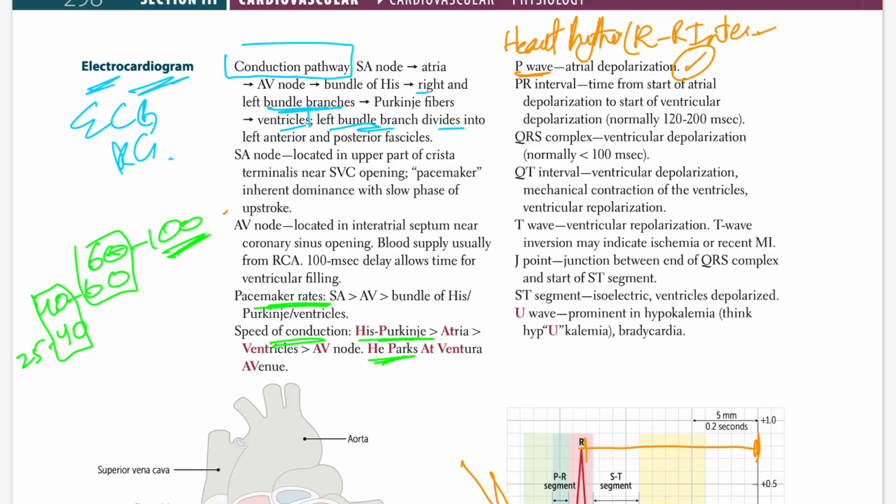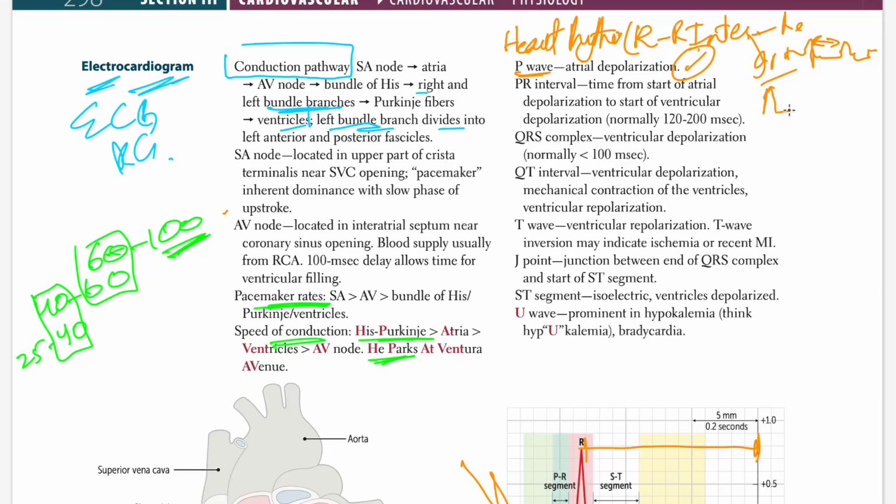Is it regular or is it irregular? So what do we mean by regular and what do we mean by irregular? When we say regular, the distance between the RR intervals is constant, the same constant distance. Irregular means that it is not the same.